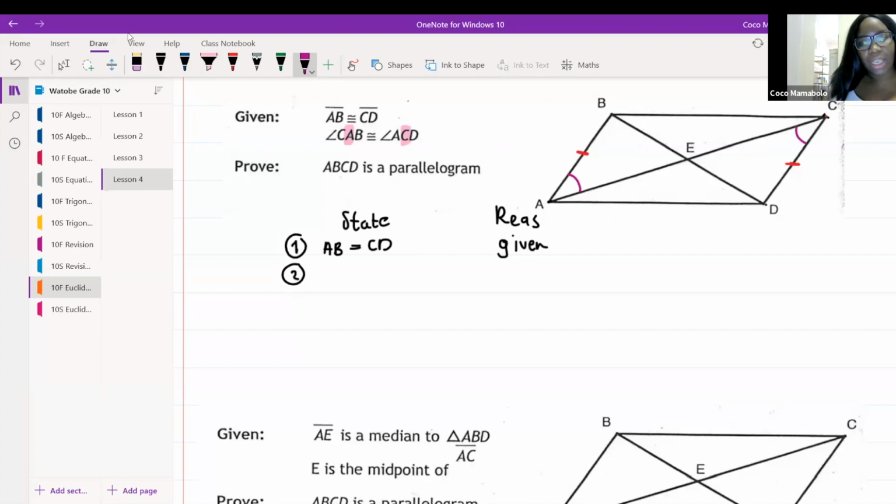Can I get a thumbs up? Is everybody understanding? CAB is equal to ACD. This is given information. I didn't do anything new.